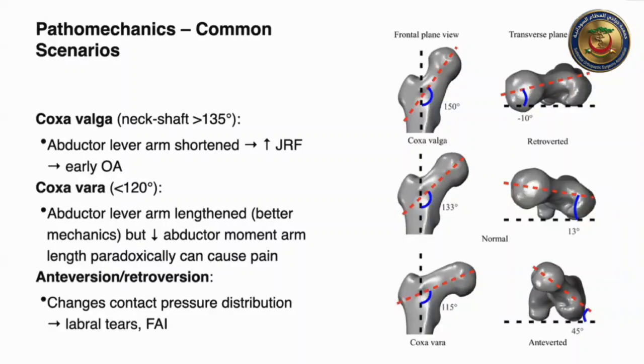But paradoxically, it can cause pain because of a short limb. Also, anteversion and retroversion change contact pressure distribution and cause labral tear and femoroacetabular impingement.